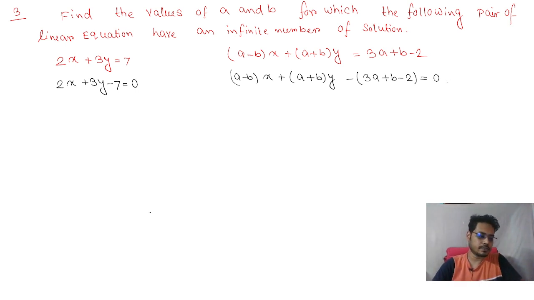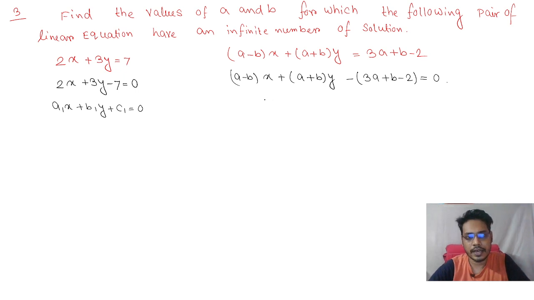Now we have written in this form a1x plus b1y plus c1 is 0, and this one is a2x plus b2y plus c2 is equal to 0.